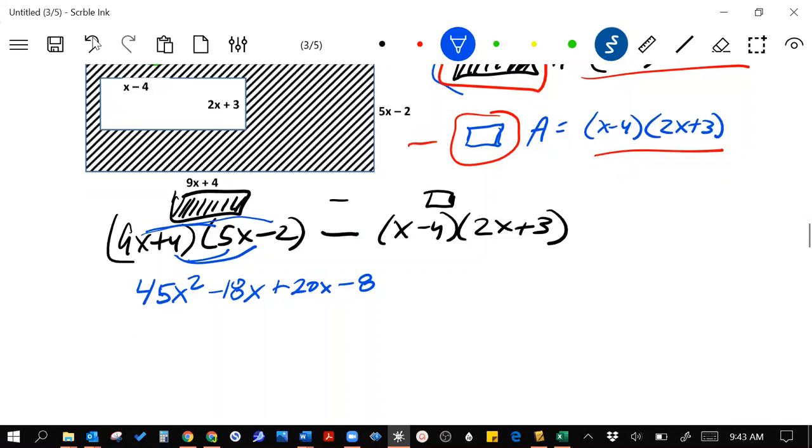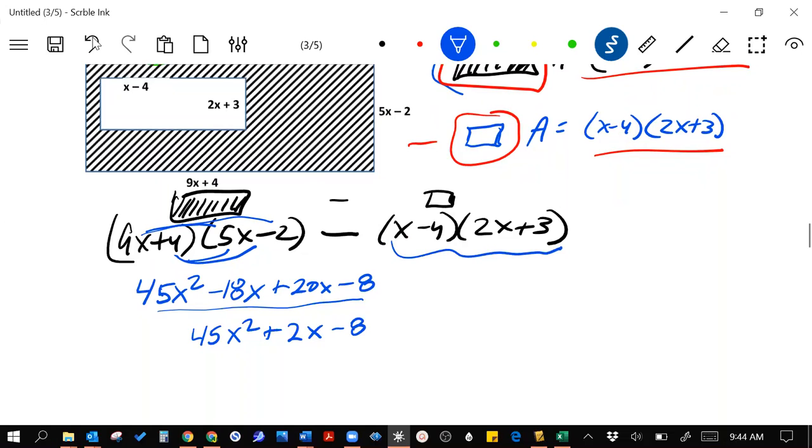Next I'm going to do over here. Now, I'm going to subtract all this, so I think part of what I should do is first work this out. 45x squared, that's plus 2x, because it's negative 18 plus 20, minus 8.